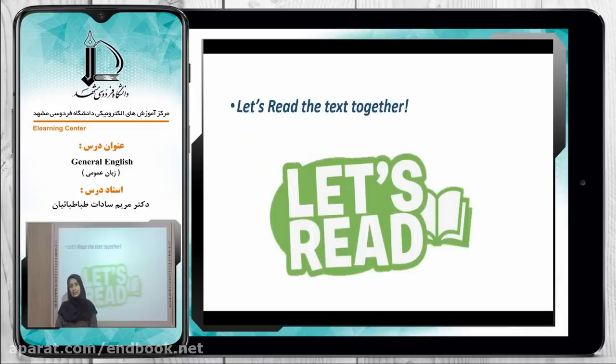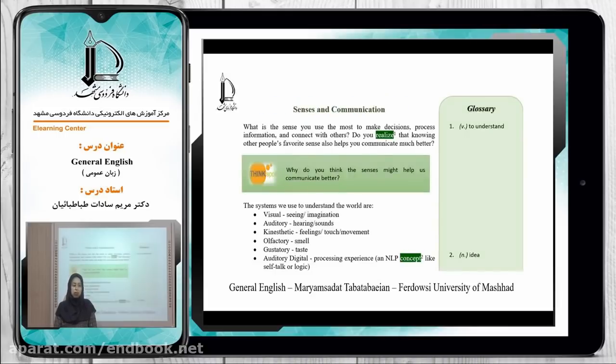Now, let's read the text from the beginning together to understand all the paragraphs of it. Senses and communication. Now we know our 5 senses, and we know that they are important when we interact with other people and when we communicate with them.